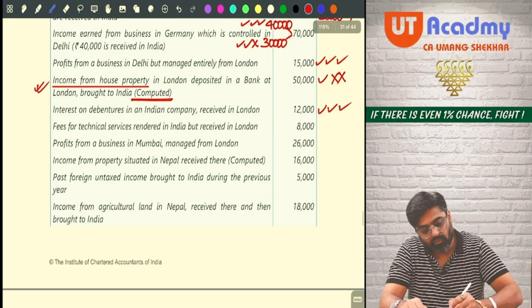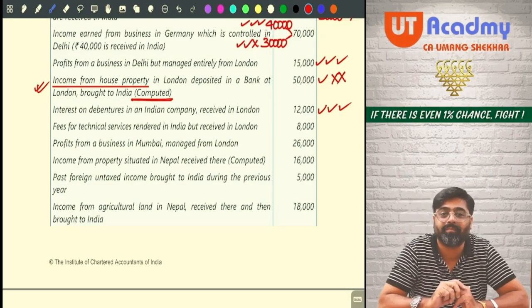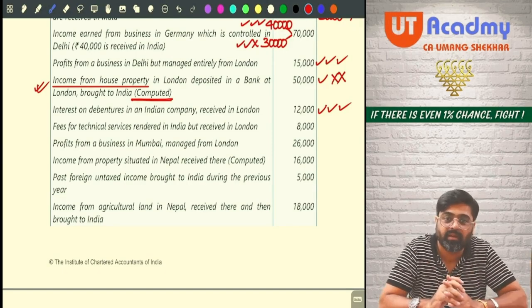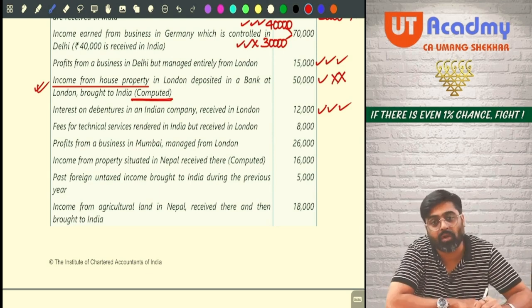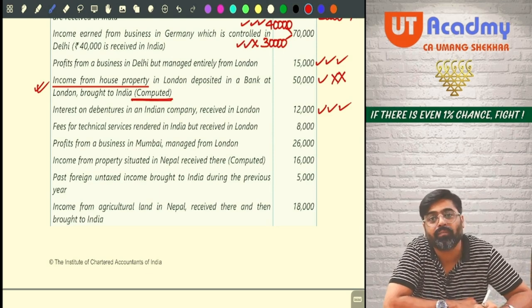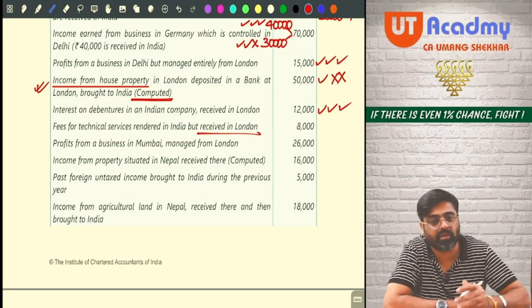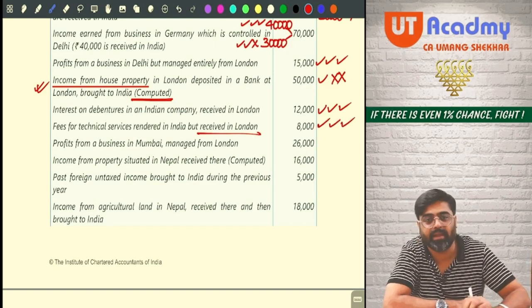Next one. Fees for technical services rendered in India. That's it. And for that, whatever fees will be given will always be deemed to accrue or arise in India, even if coming from a non-resident. So wherever it is received, we are not worried because this is also deemed to accrue or arise in India.